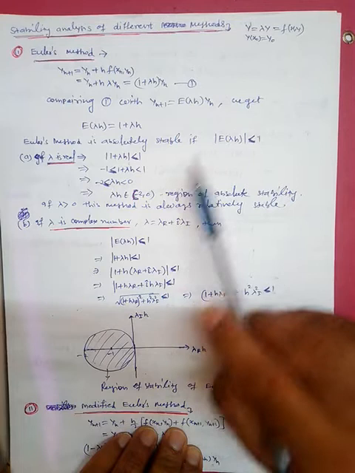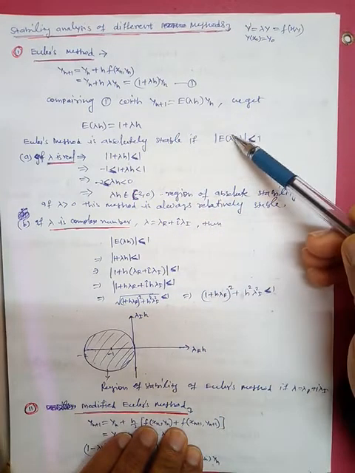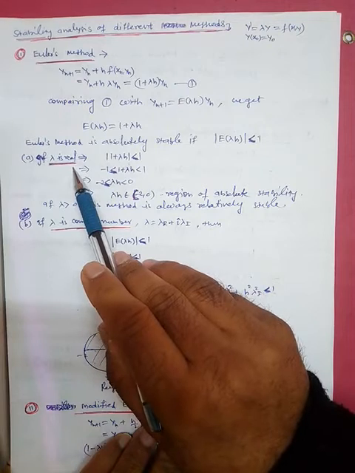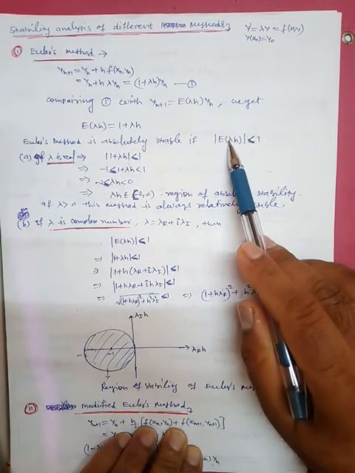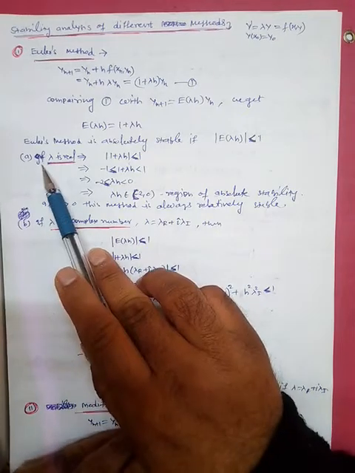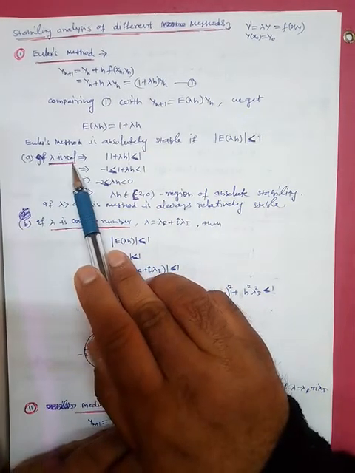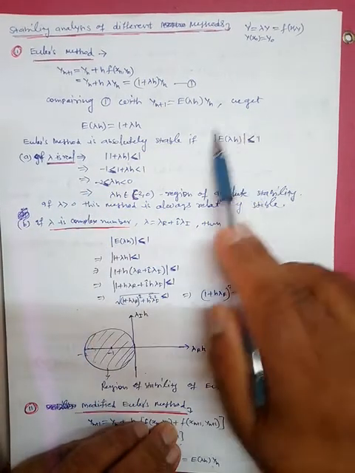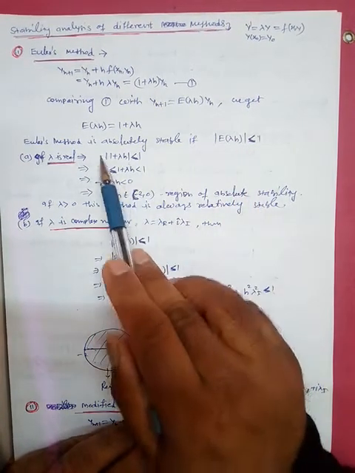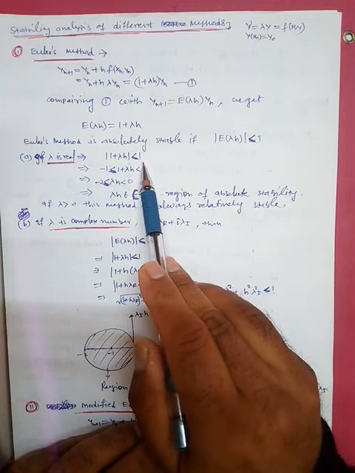Now here we may have two cases. One, when λ is a real number, which we take as case A, and when λ is a complex number, which we take as the second case. Let us take the first case when λ is real. In that case, the magnitude of e^{λh} less than 1 gives the magnitude of 1 + λh less than 1.